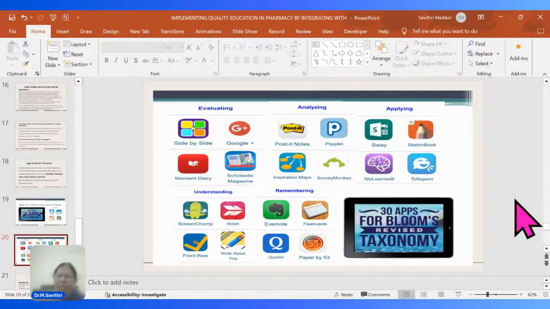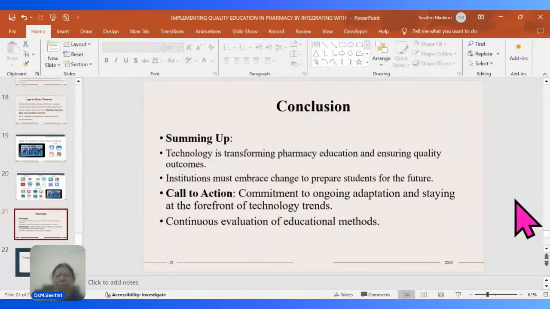Some of these apps many of you might be using, but once we explore these apps in the reading aspect and apply them in all our regular work, they are very, very helpful for us.